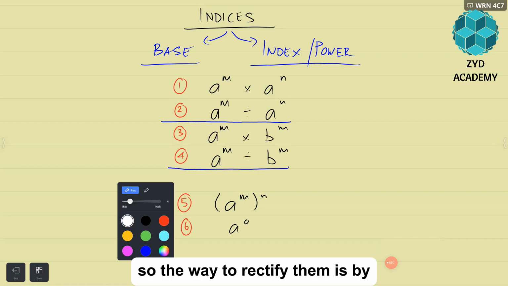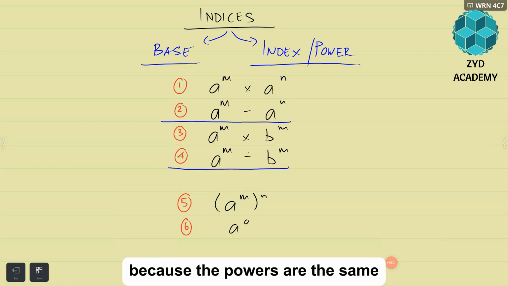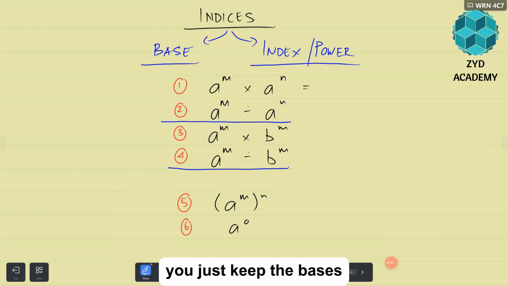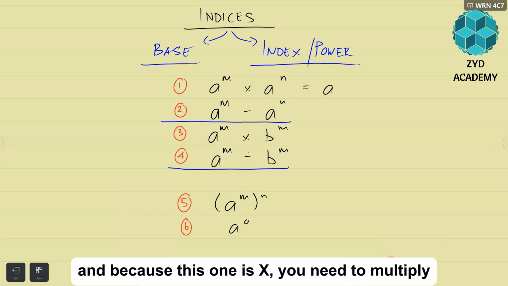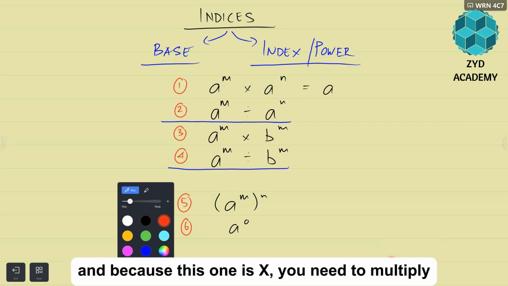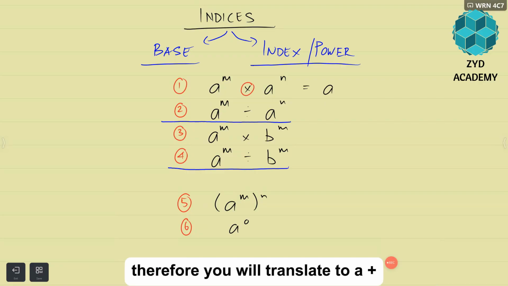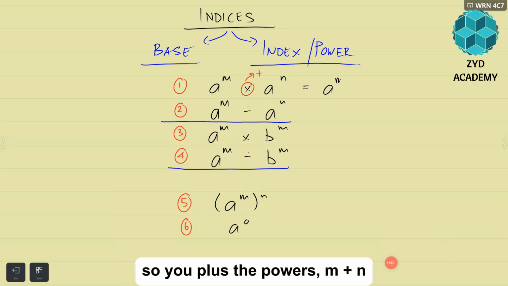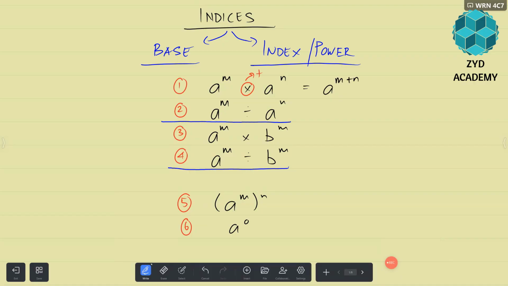So the way to rectify them is, because the bases are the same, you just keep the bases. And because this one is a times, you need to multiply, therefore it will translate to a plus. So you plus the powers, m plus n.